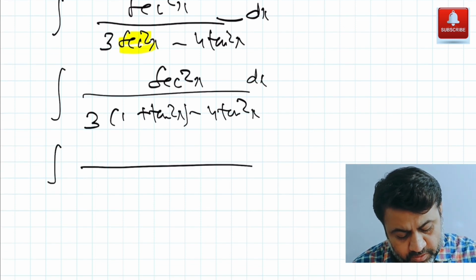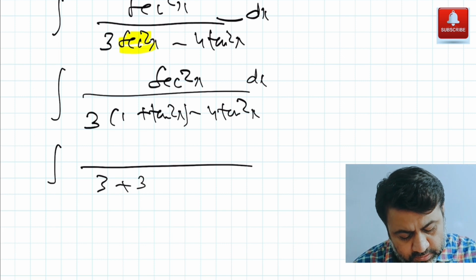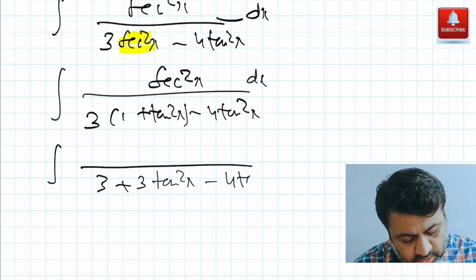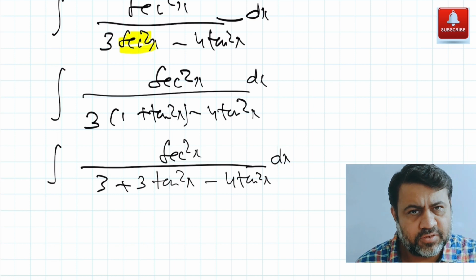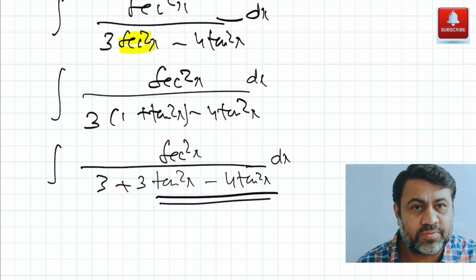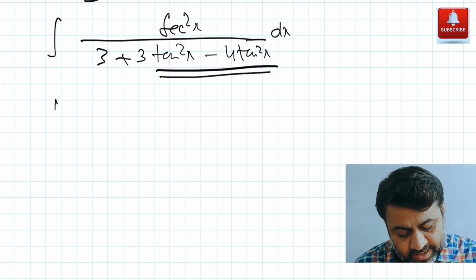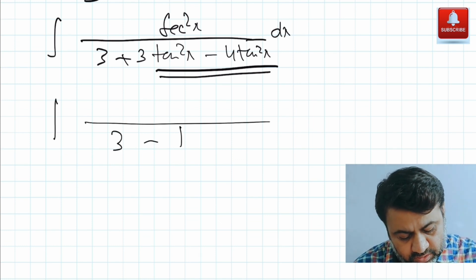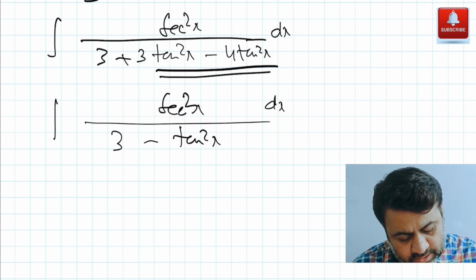If I open the bracket in the denominator, we get 3 plus 3 times tan square x minus 4 tan square x, and sec square x dx as it is. So 3 tan square x minus 4 tan square x, we can write as just minus tan square x. So we get 3 minus tan square x, sec square x dx.